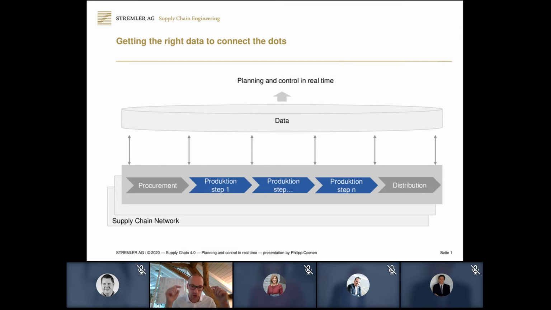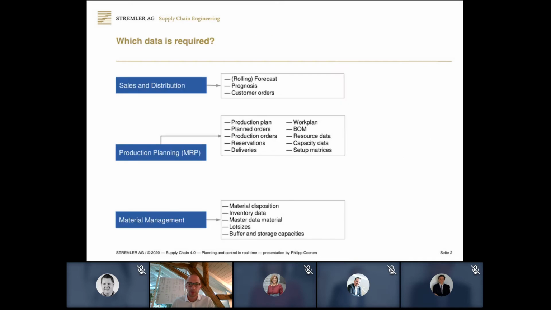So we need to make sure that we have the relevant data to connect the right dots, to cover all relevant decision points for planning, and that can also be, if you have more complex supply chains, on a real network level. So what data are we actually dealing with when we do that?